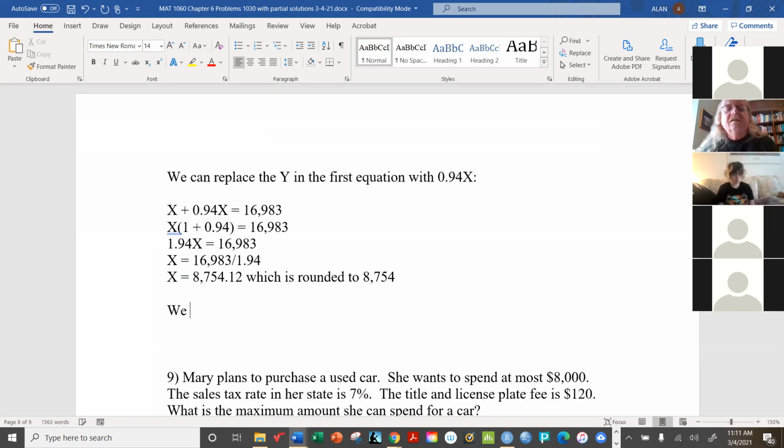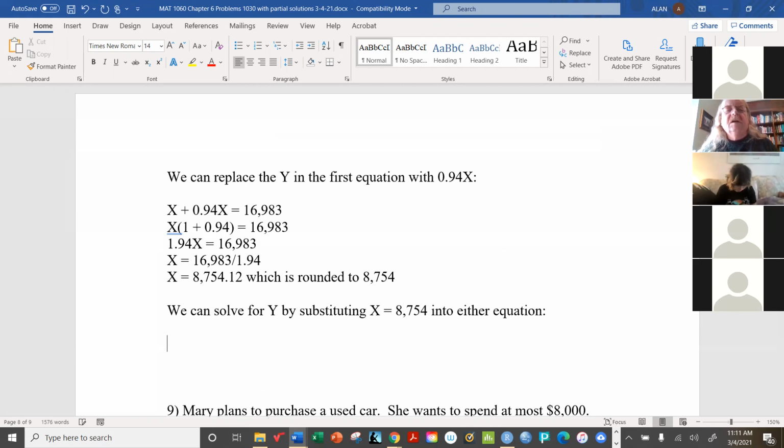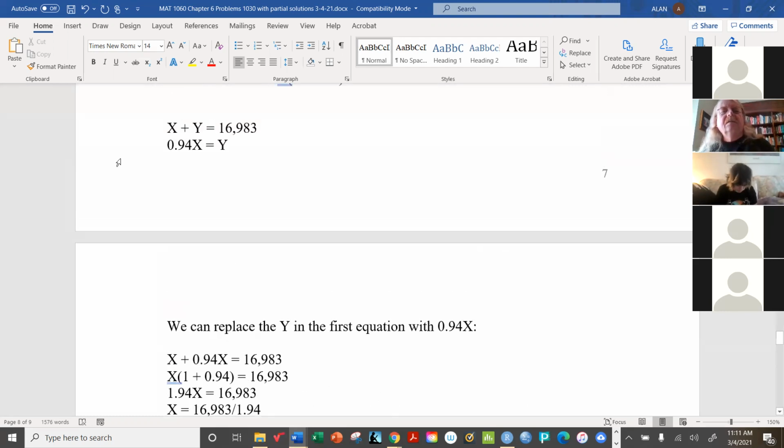We can solve for Y by substituting X equals 8754 into either equation.